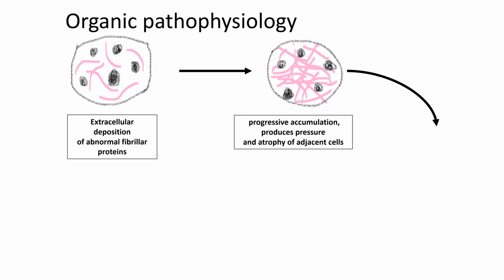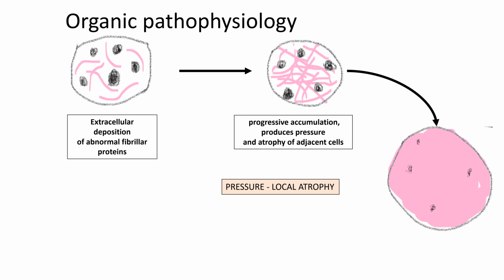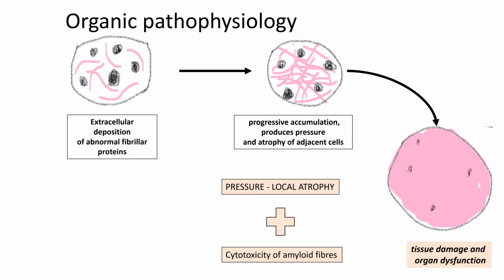In the final stage, the extracellular damage is so extensive that it causes pressure and atrophy, and the addition of vascular damage, which may occur in its early stages, will accelerate the ischemia of the organ in question and lead to organ dysfunction.